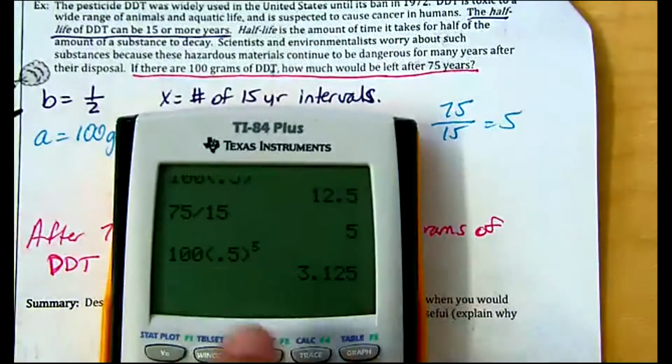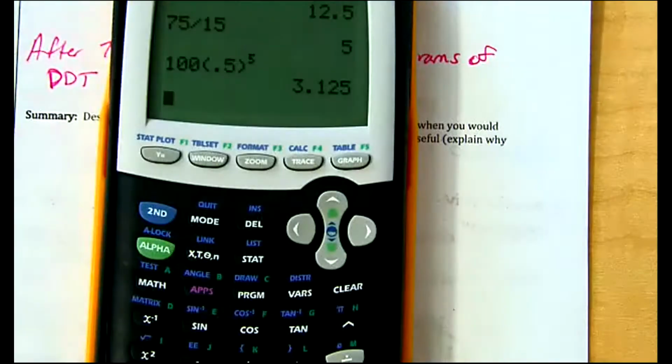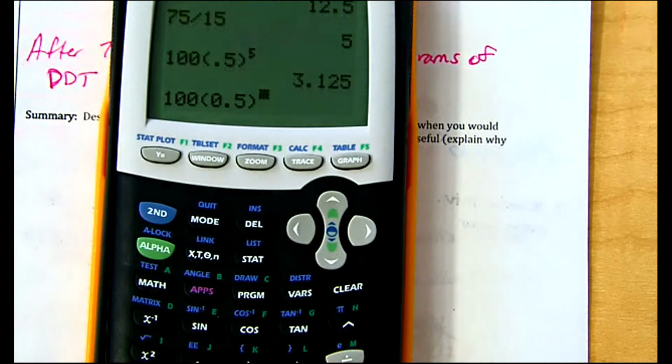So it should be 100 parentheses, exactly how you did it. So 100 parentheses 0.5. Did you close the parentheses? Yes. Okay, and then instead of times, you want to do the little caret for the exponent, and then 5.